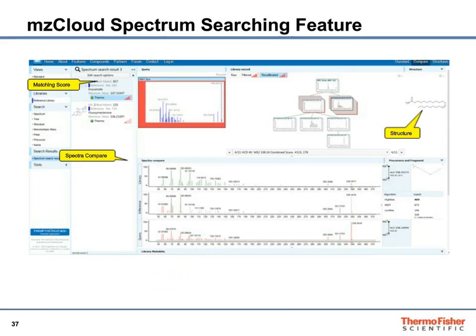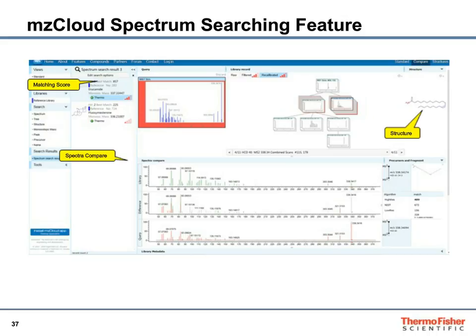And also we have this mzCloud high resolution spectral database. This is free, right? Anybody can use it. The good thing about this is it provides high resolution accuracy and the different collision energies for the compound. So the search actually is very easy.